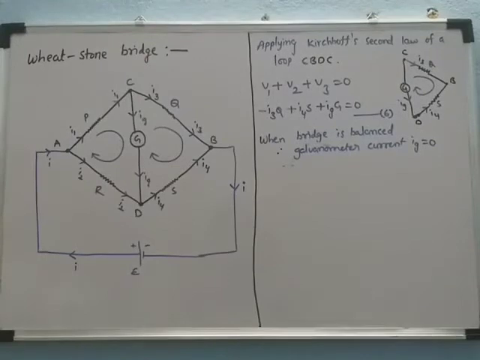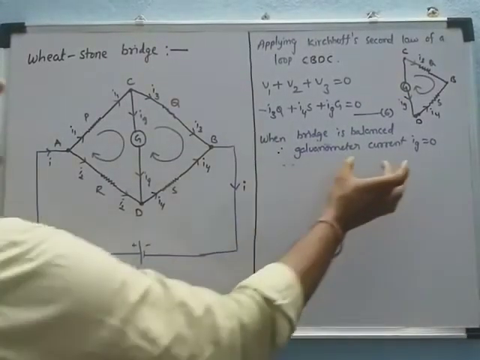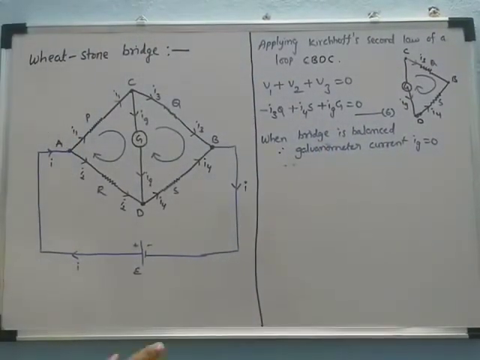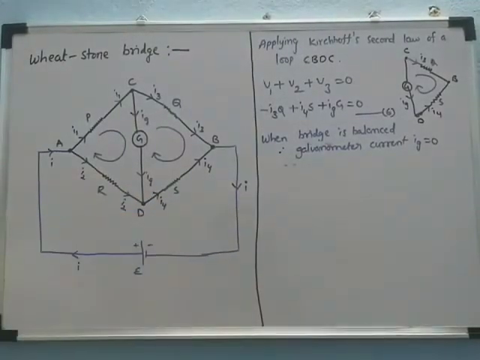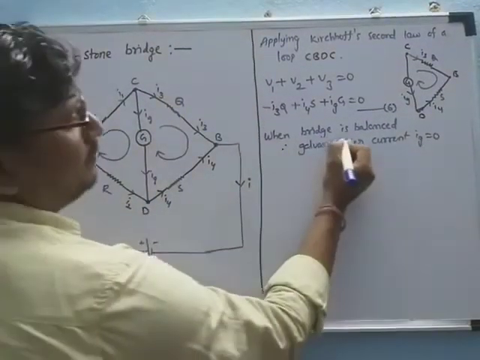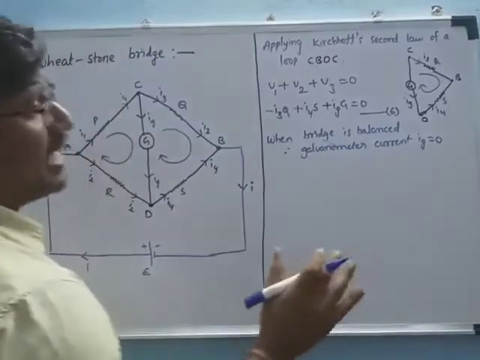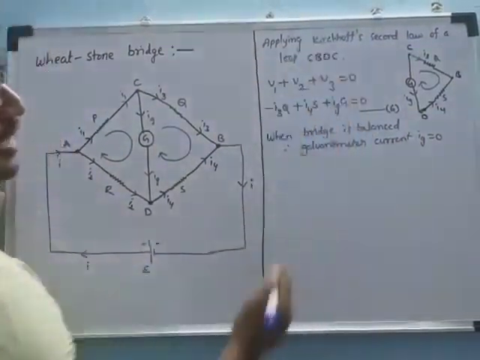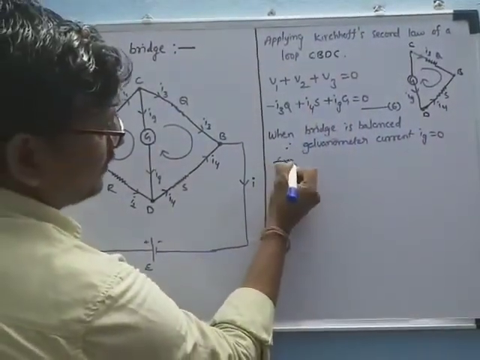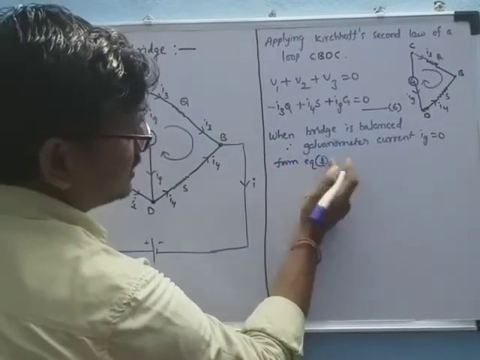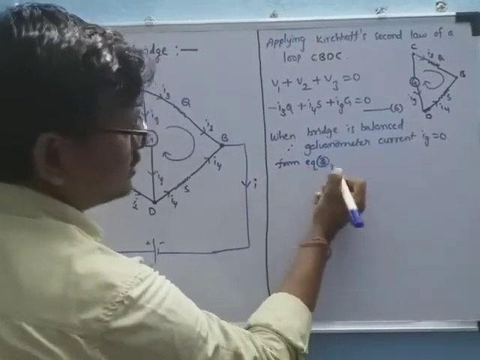Galvanometer current Ig is equal to 0. Now this Ig value can be substituted in the above equations. From equation 3, because in equations 1 and 2 there is no galvanometer.